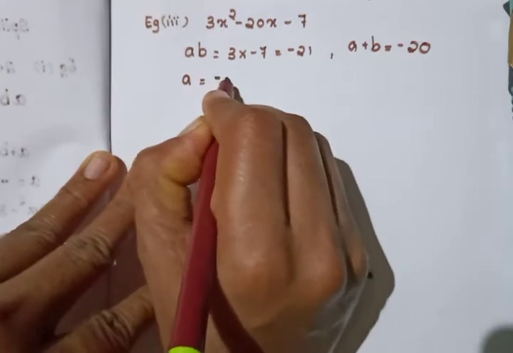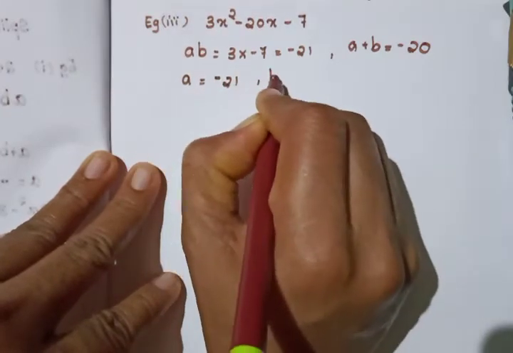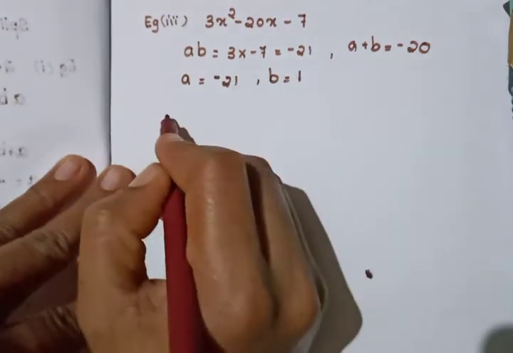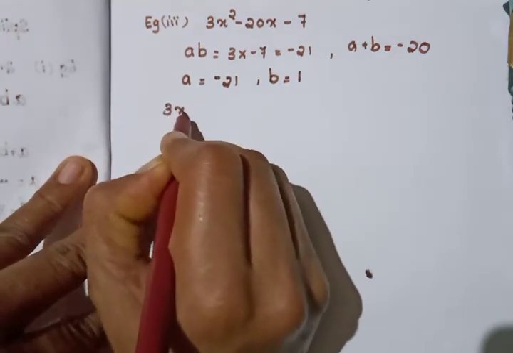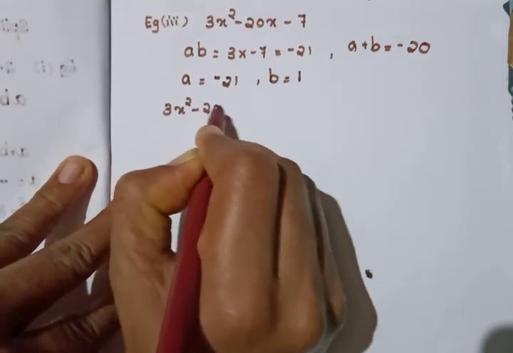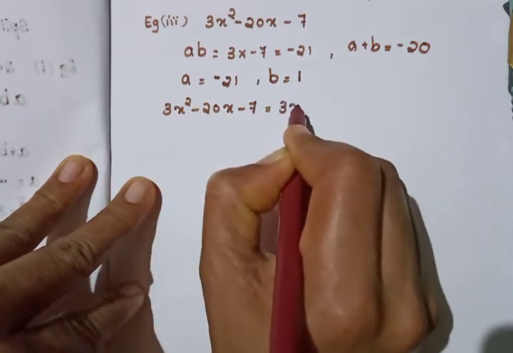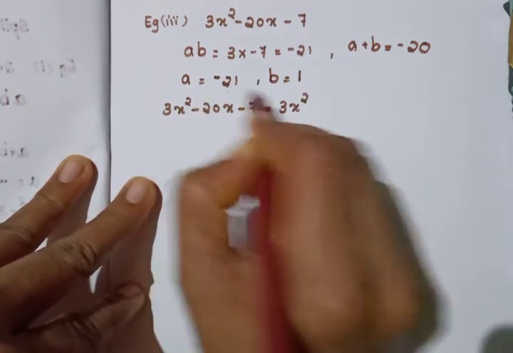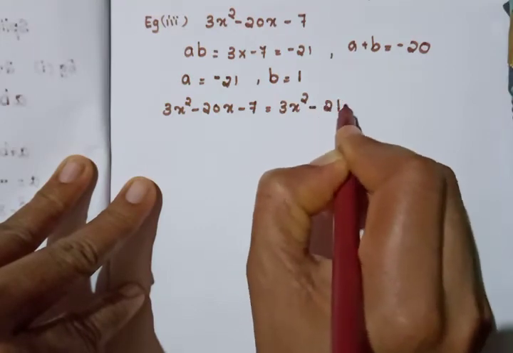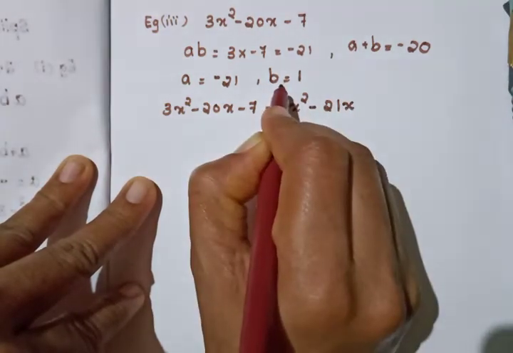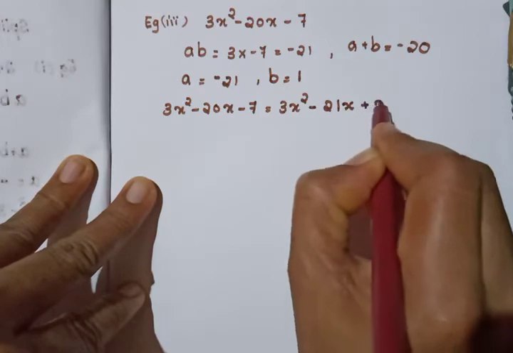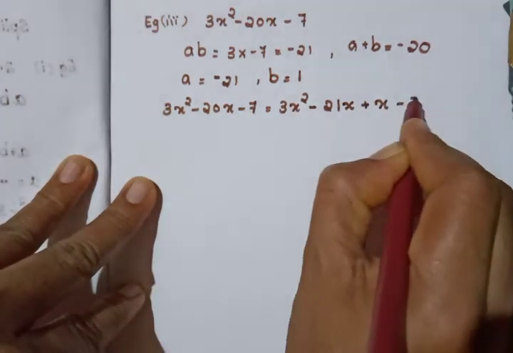So a is negative 21 and b is positive 1. Now listen, how do we split 3x square minus 20x minus 7? As 3x square, sign of 21 is negative, so negative 21x, and sign of b is positive 1, positive x, the constant negative 7.